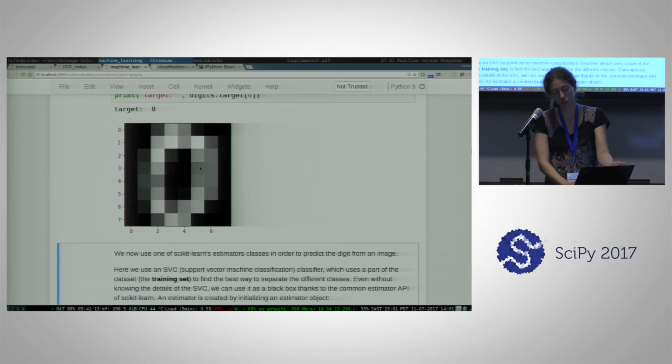So is it possible from these very low resolution images to predict the actual number that was written? That will be our image processing problem, and it's an image classification problem, because for each image we want to put the sample into a bin, say it's a number 0, 1, 2, a discrete number of labels.